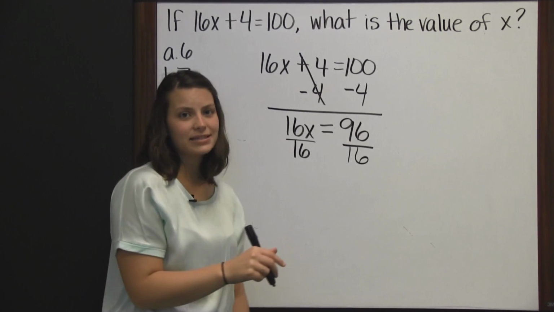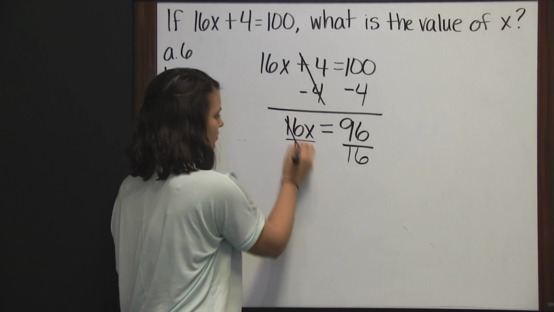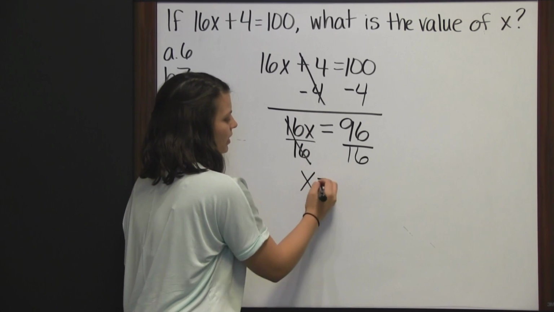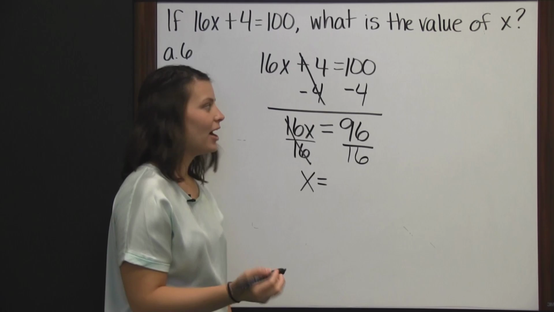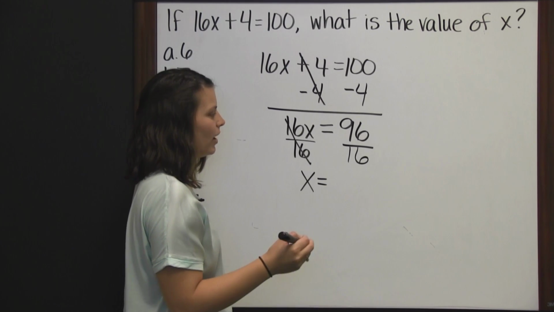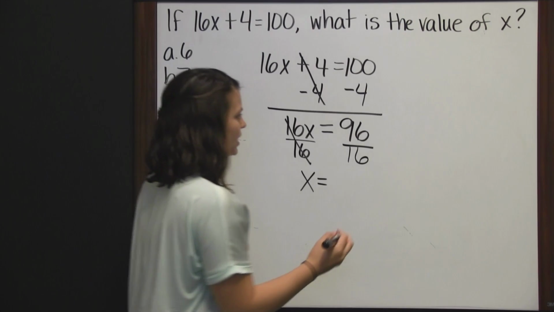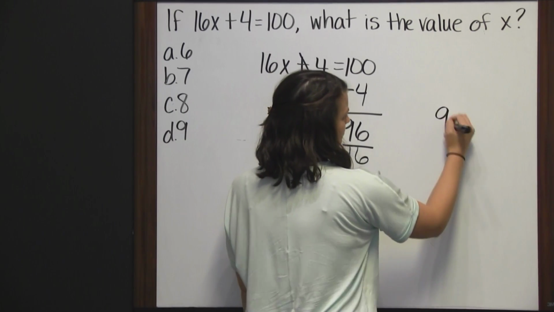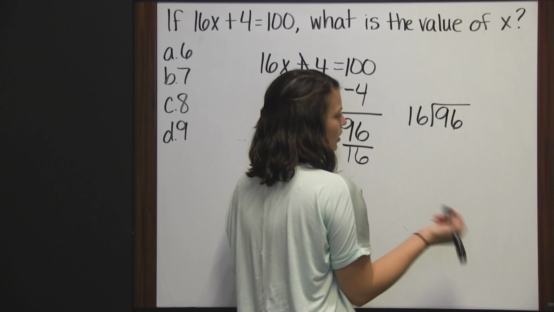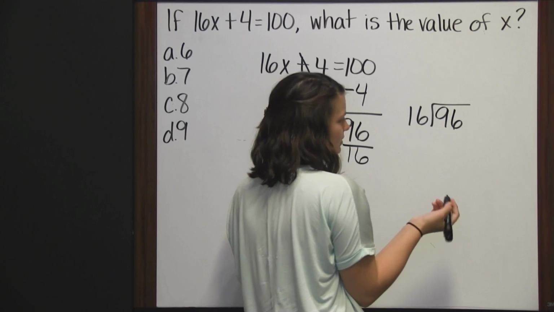16 divided by 16 is 1, and 1 times x is x. And x equals, now we have to divide 96 by 16. So how many times does 16 go into 96? Well, we could always guess.